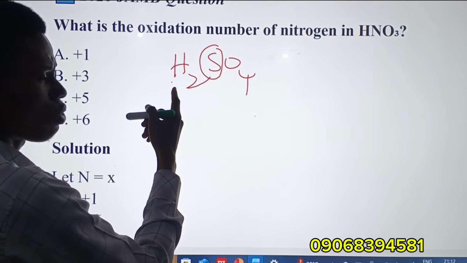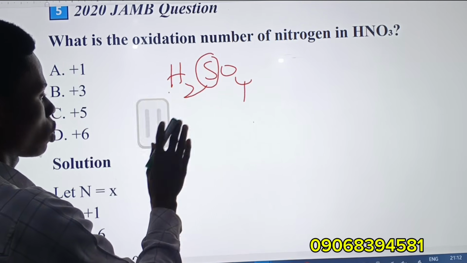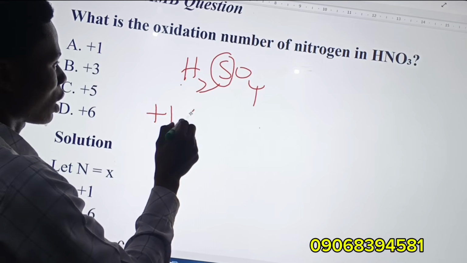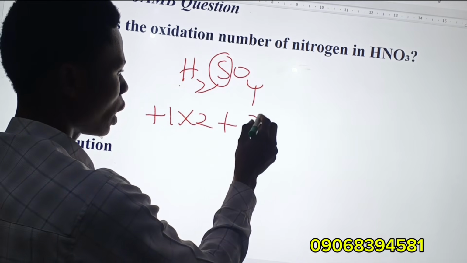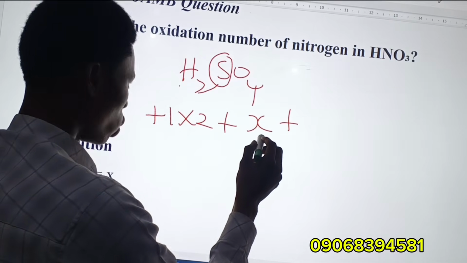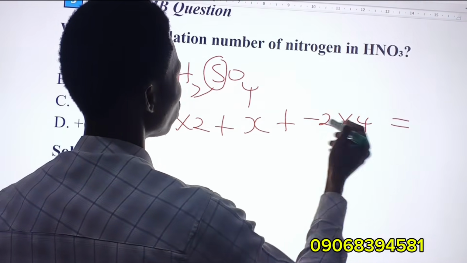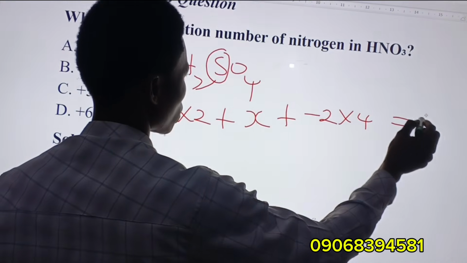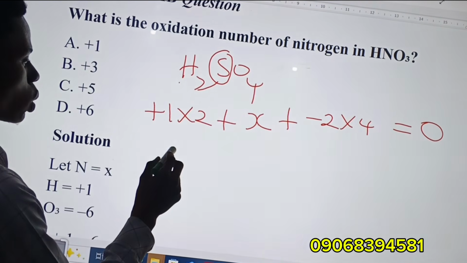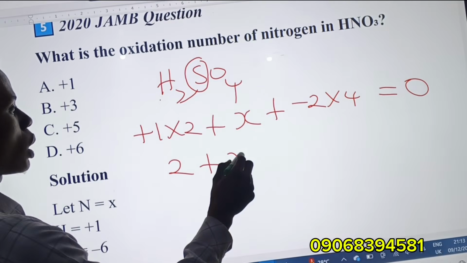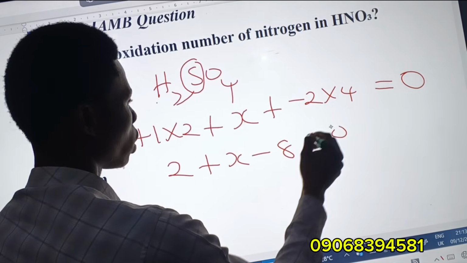Hydrogen, what's the oxidation number of hydrogen? +1, right? Times 2, because we have 2 of it, plus sulfur is what we are looking for, so we'll call it X, plus oxygen, which is -2, but we have 4 of it, so times 4, equal to the overall charge on the compound, which is 0. Now you solve your mathematics. 1 times 2 is 2, plus x minus 2 times 4 is -8, equal to 0.